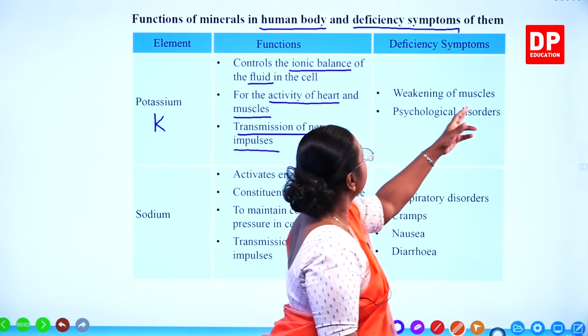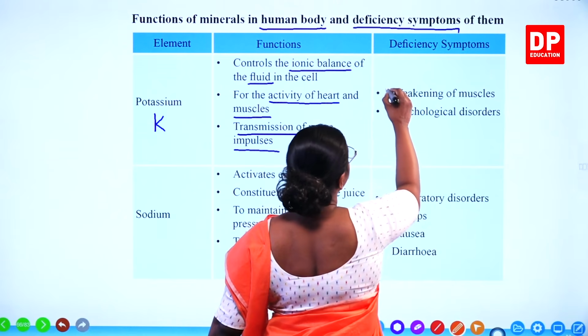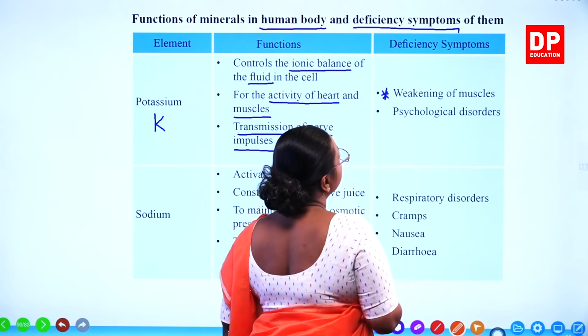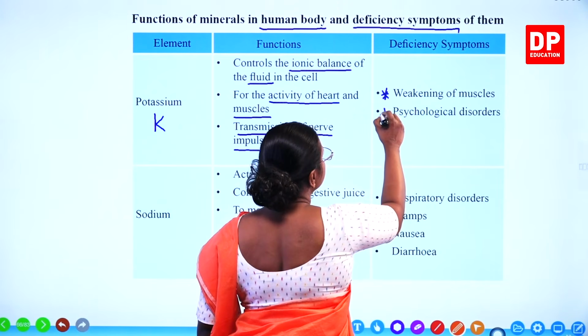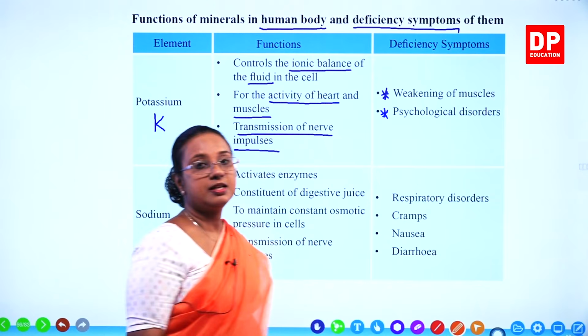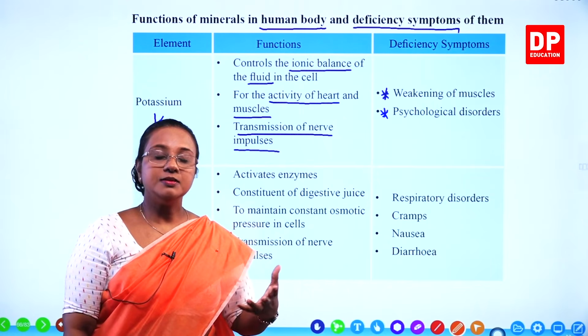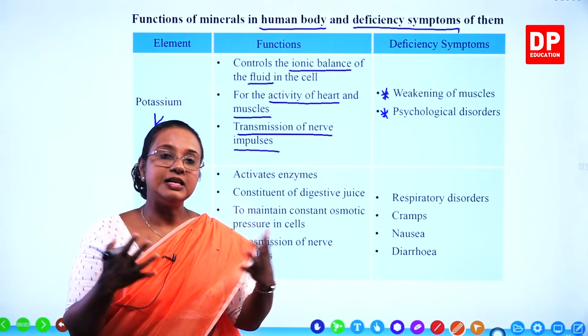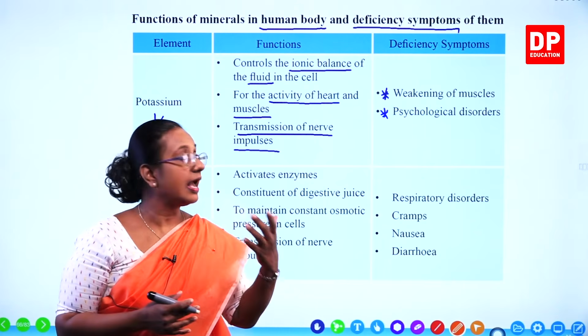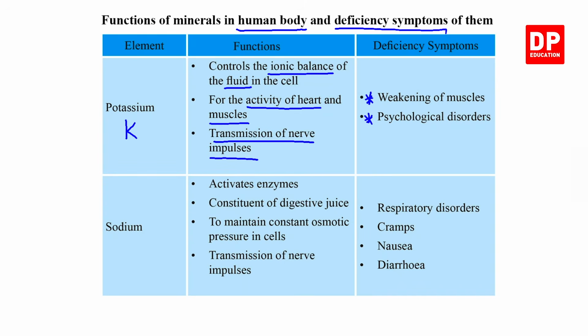The muscles of the body can become weak. So, weakening of muscles and also psychological disorder. Psychology means the mood, the mental state of a person can change due to the deficiency of potassium as a mineral.